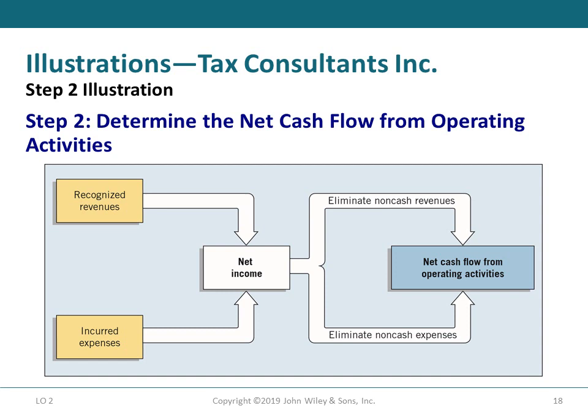This can be easily done by just eliminating non-cash revenues, any recognized revenue not collected in cash, and also eliminating non-cash expenses, any incurred expense not paid in cash. So we can adjust net income to net cash flow from operating activities.